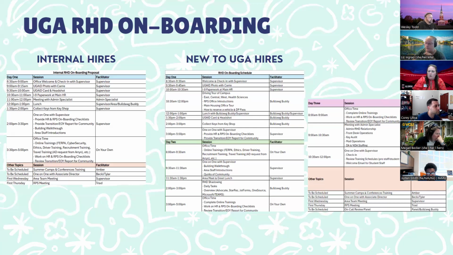They are responsible for their employee on that first day, really, in conjunction with what we call the Bulldog Buddy. And Liz and I will talk about that in a little bit. The internal hire one is exactly what they need just to get them started in their current role, because they have some of that other context. And then new to UGA is a little bit more detailed, showcasing campus, things like that, as well as ensuring that they feel prepared to transition into training.